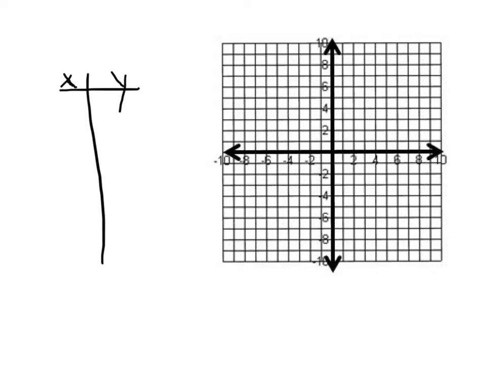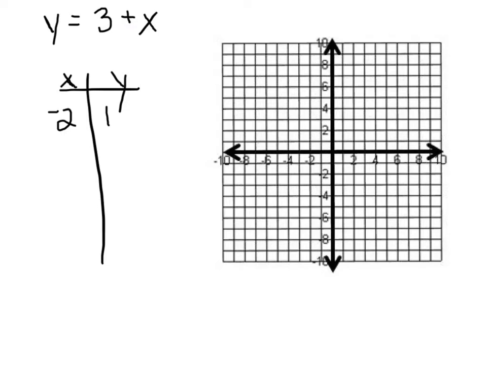Well, let's take the equation y equals 3 plus x. We need to pick some values for x. They can be positive or negative. So for example, I might want to pick x equals -2. Well, 3 plus a -2 would give me an answer of 1.